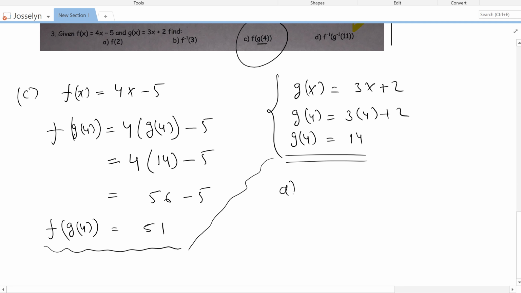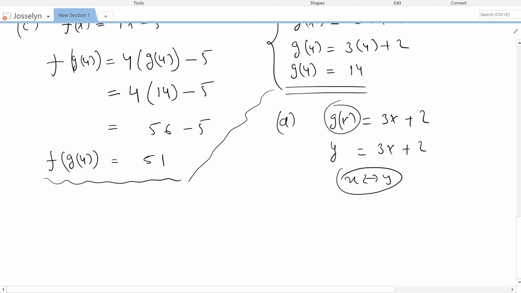Now we do D, and in D how to figure out g inverse x, I write down the g of x is 3x plus 2, and we know that g x is represented in y coordinate, right? G x is y. Now in order to find g inverse, you replace x by y and y by x, and that replacement is going to give you this equation.